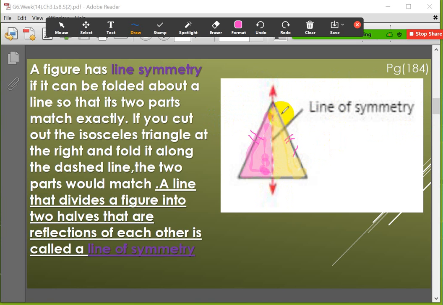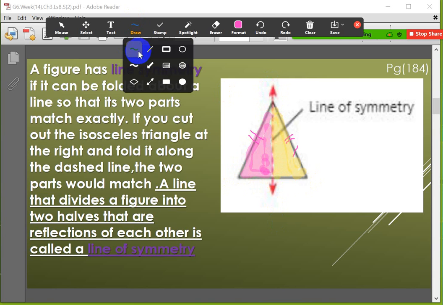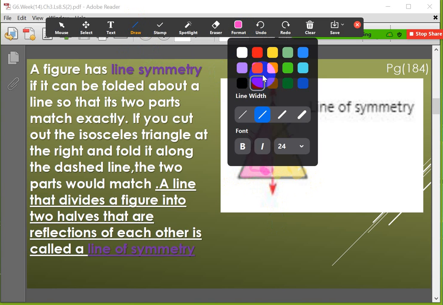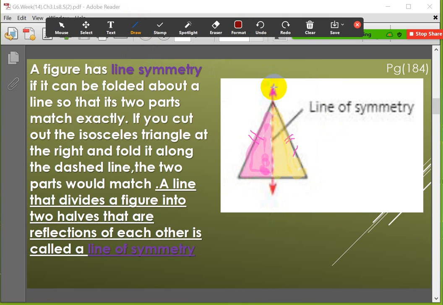If I take any figure, like this triangle, and there is a line in the middle like this one in red, this dashed line, and this line cuts the figure into two parts, and those two parts are exactly the same, we name this line a line of symmetry. Okay, this is what I mean by line of symmetry.